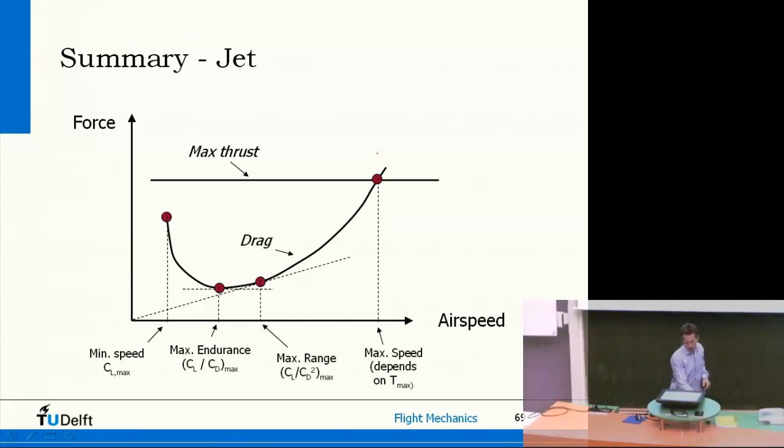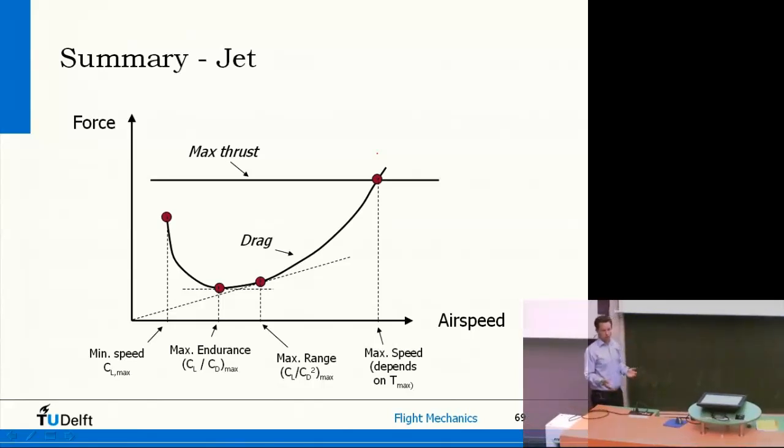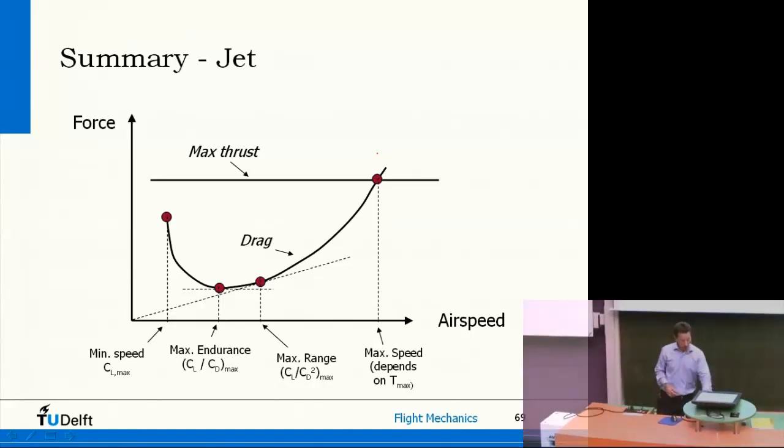And finally, maximum speed, of course, depends on this thrust level. So in other words, if you can generate a lot of thrust, you can fly very fast. So it just depends on the engine. This is for a jet, and if you draw it for a propeller aircraft, where we always say, well, for a propeller we don't have constant thrust, but we say we have constant power, then the diagram looks exactly the same, more or less.